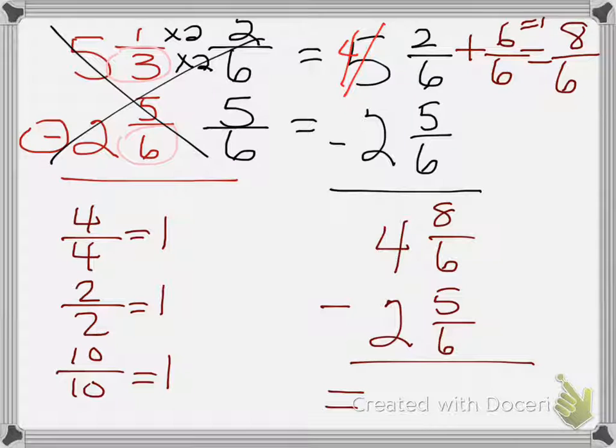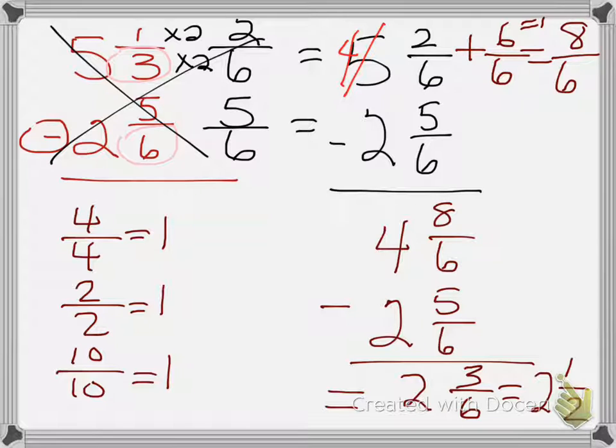So first I'll subtract my whole numbers. 2 from 4 is 2. I have 6 as a common denominator. 5 from 8 is 3. And we all know that this is not in lowest terms because 3 is half the denominator. So that makes that automatically 1/2. So the answer is 2 and 1/2. And you're done. It's as simple as that.